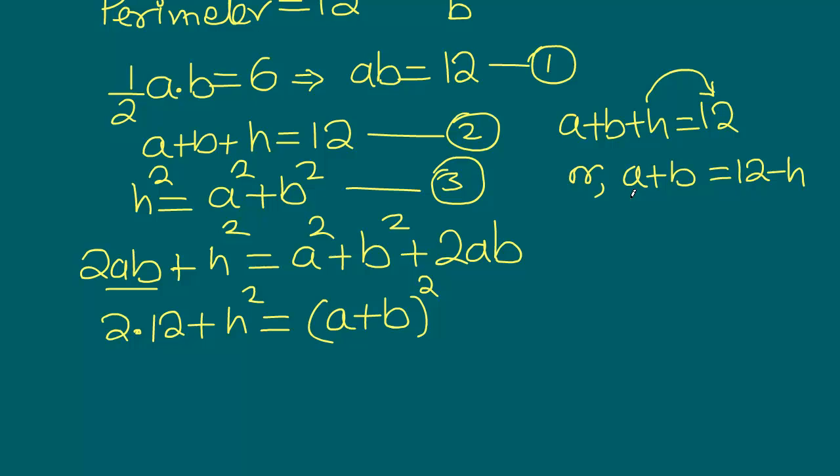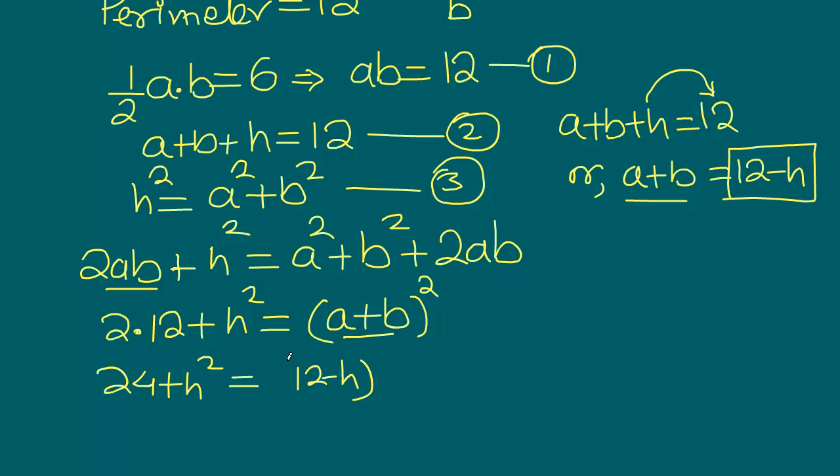Now we will replace A plus B by 12 minus H. So if we do that here, this will be 24 plus H square equal to, now instead of A plus B we write 12 minus H, 12 minus H whole square.